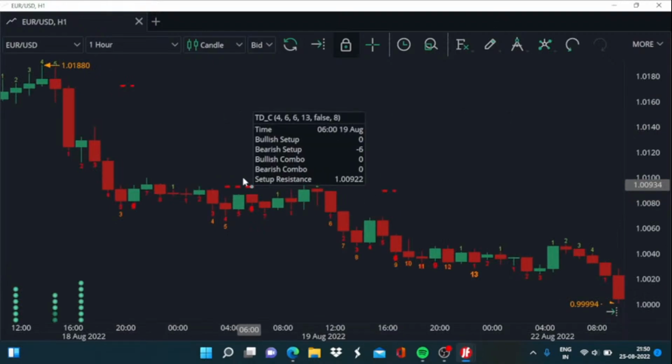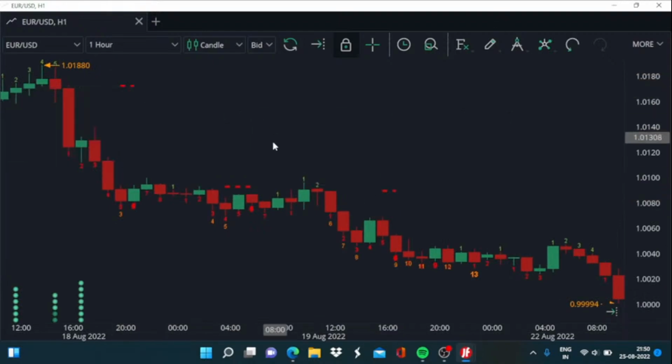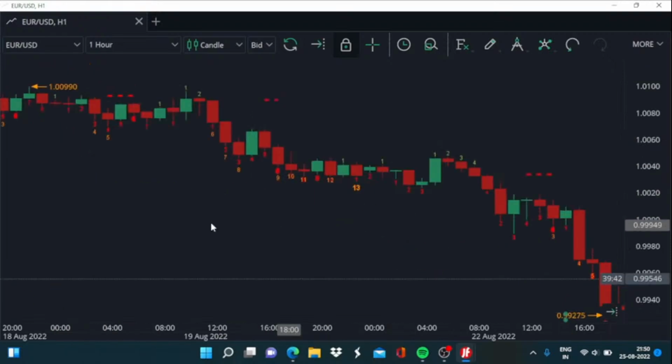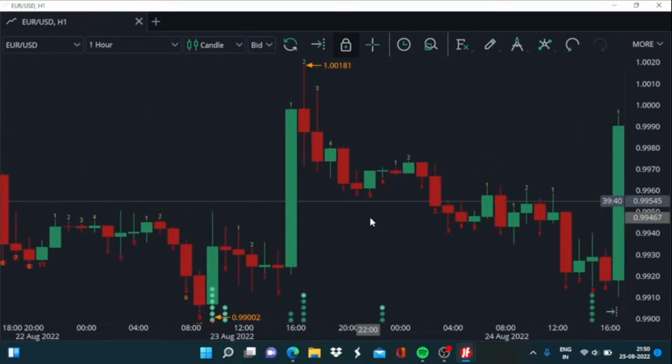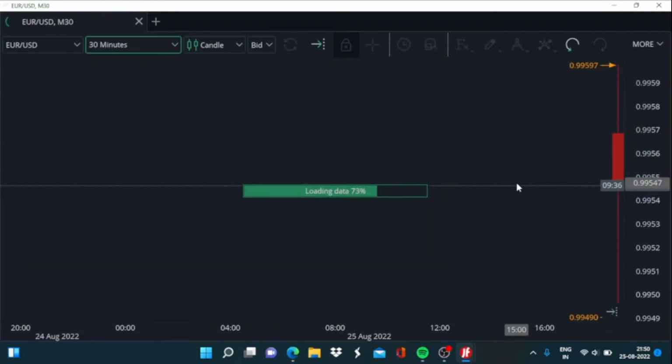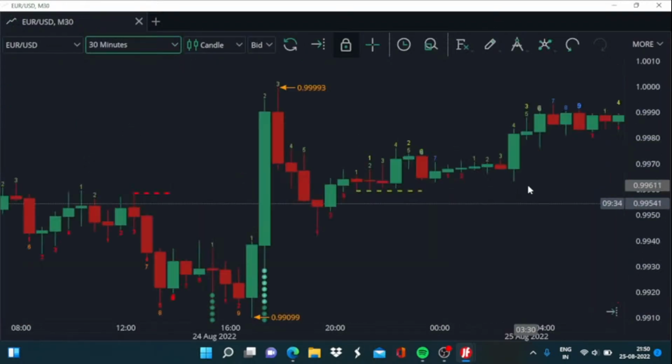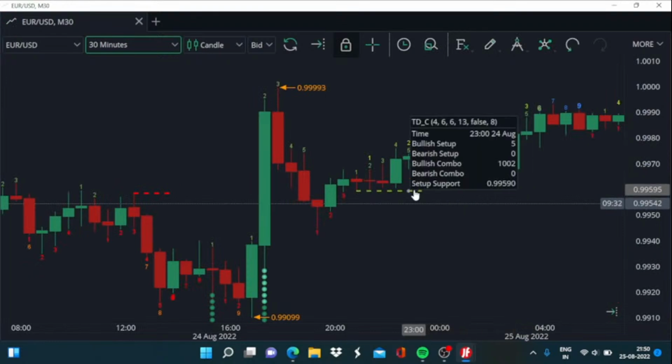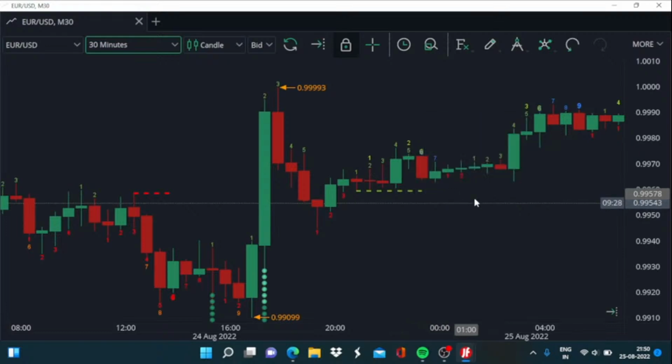The only difference is this resistance zone is now looking a bit stylish and a lot more prominent, and similar thing will be visible whenever we look at the support zone for the TD combo indicator. So here is setup support.